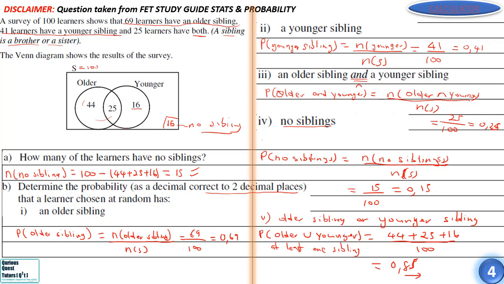That would be the same question. If they want to trick you, they would put it like that, at least 1 sibling, which means greater or equal to 1 sibling. Okay, so thank you. I hope you understood that and enjoy probability. It is not as scary as some people make it out to be.